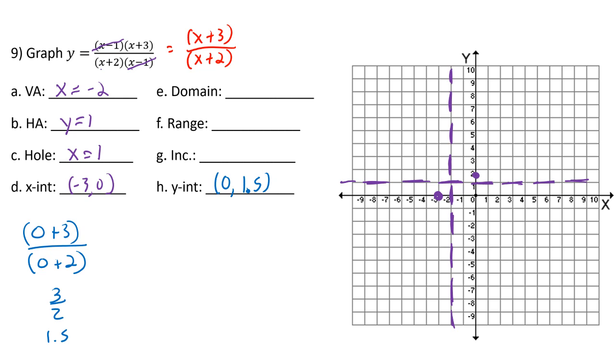Now, in this problem, we actually have a point in each section, so we don't have to find an extra one or anything. And we follow our asymptotes. So following the asymptote. Now, we've got to be careful. We do have a hole at x equals 1. So when I'm drawing my picture and I curve, and when I get to where x is 1, I'm going to make an open circle, and I'm going to keep on going to represent my hole.